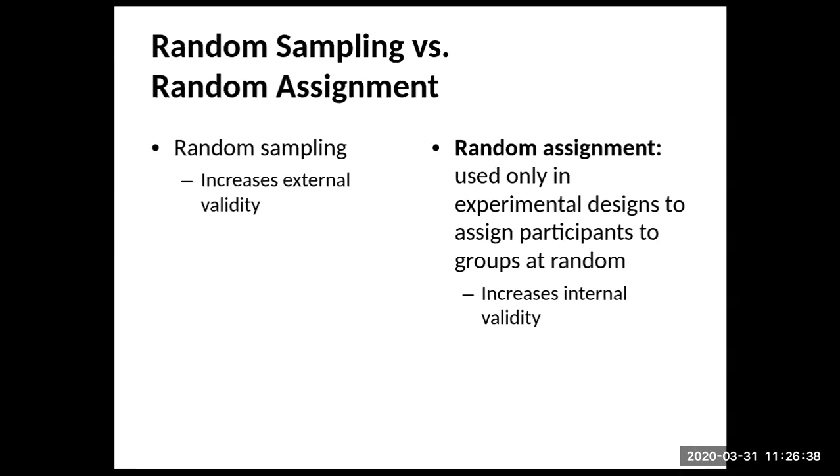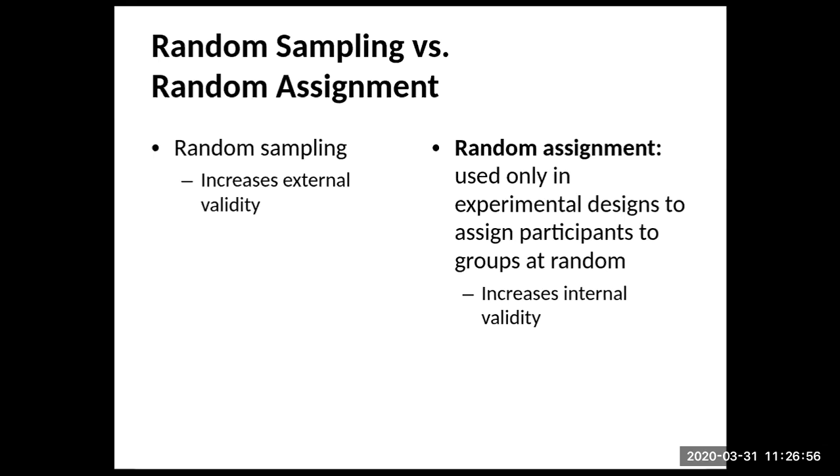In random assignment, that's where you're randomly assigning people to groups. So I would randomly assign you to the studying or no studying groups. This is only used in causal claims and experimental designs to randomly assign participants to their groups.